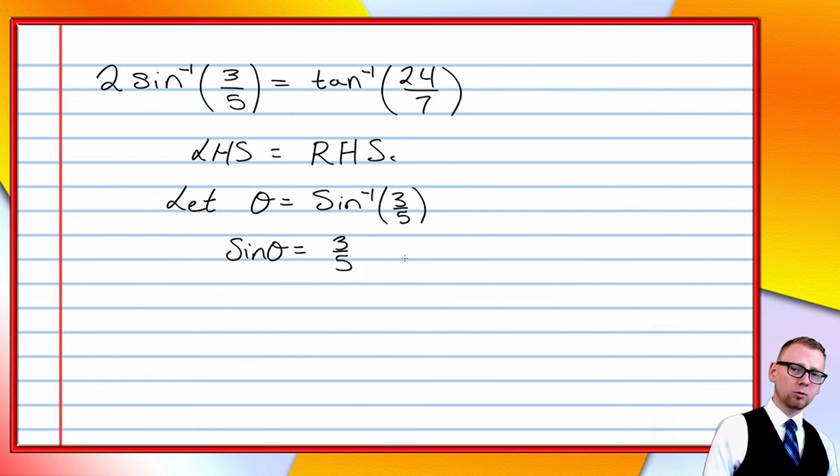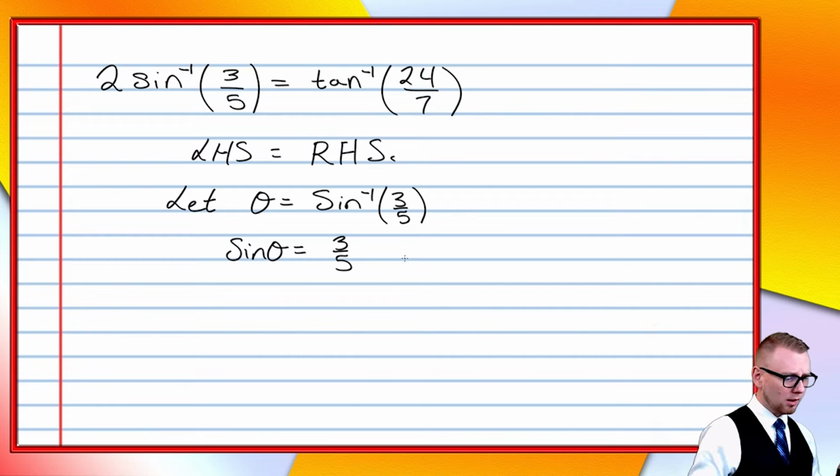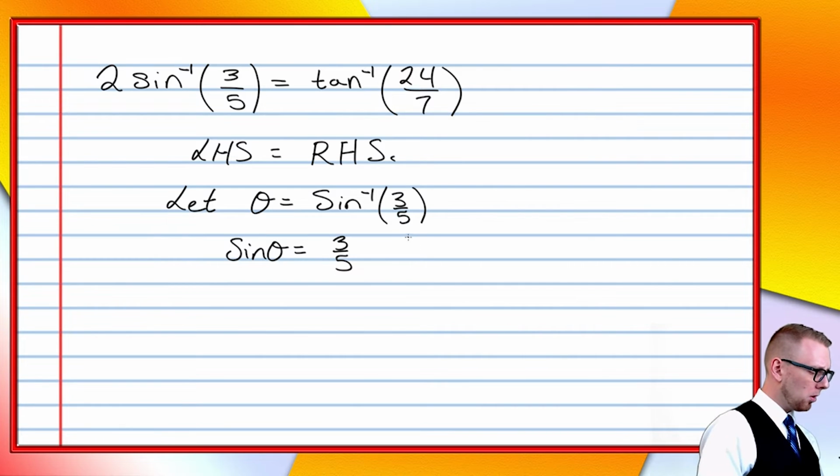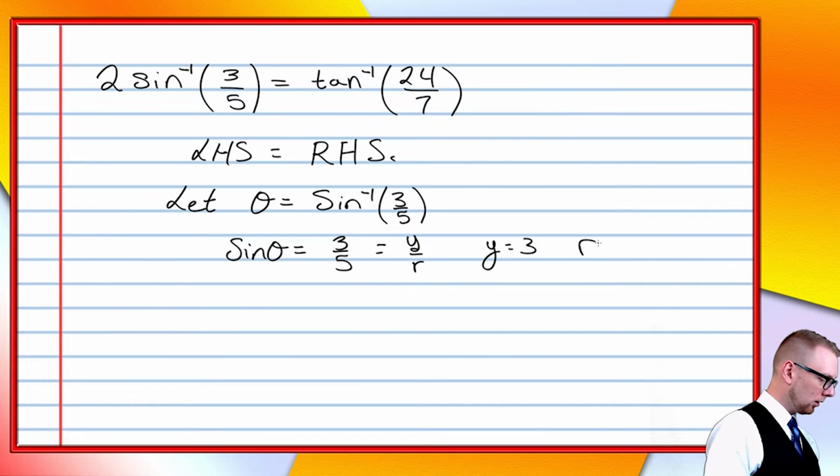Knowing our trig ratios, sine theta is y over r. So we know y is 3 and r is 5. We need x, so we'll use the Pythagorean theorem: x squared plus y squared equals r squared. That gives us x is equal to 4.